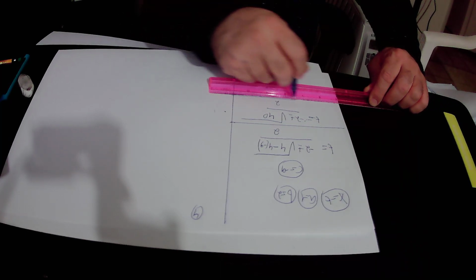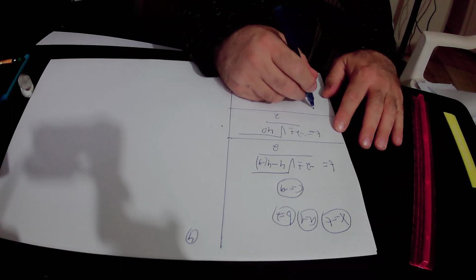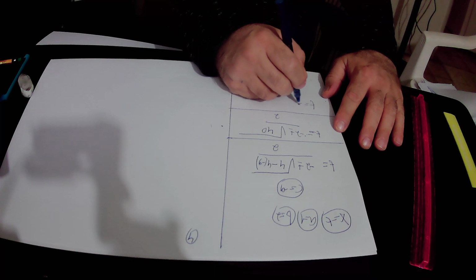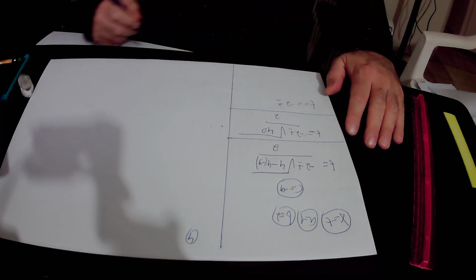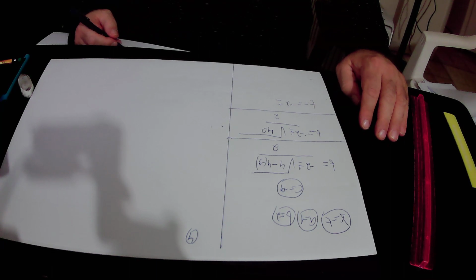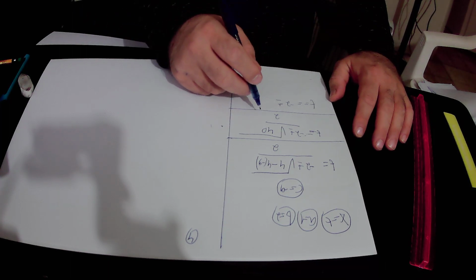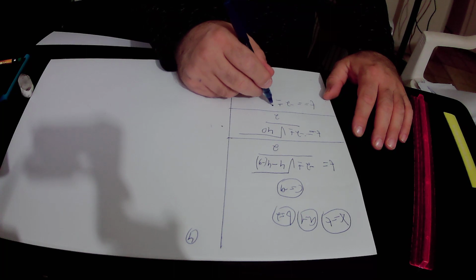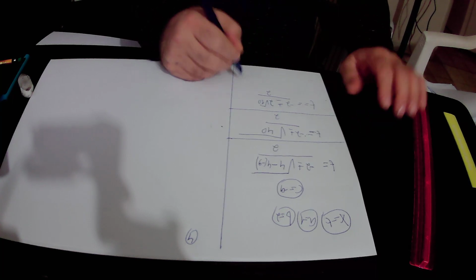So t equals minus 2 plus minus, and we know that 40 is 4 times 10, and the square root of 4 is 2, so the square root of 40 is actually 2 times the square root of 10, all divided by 2.